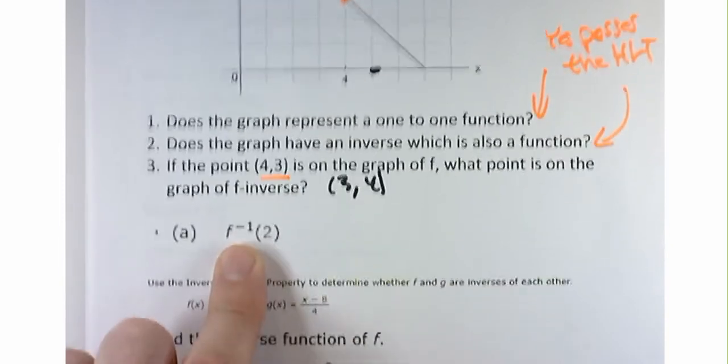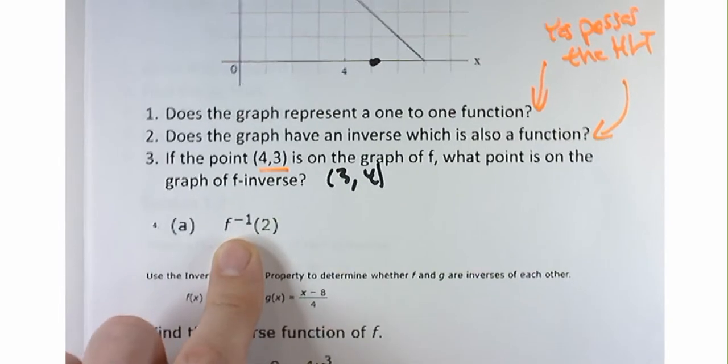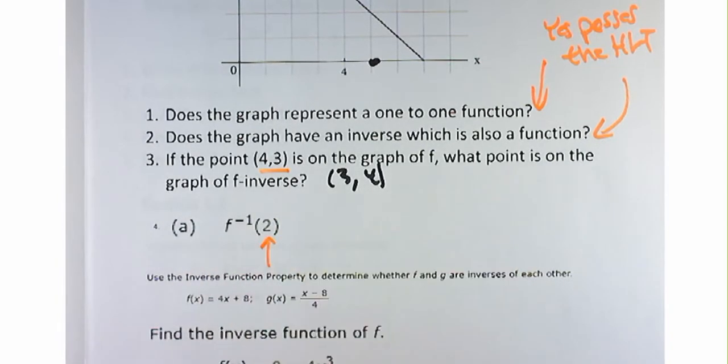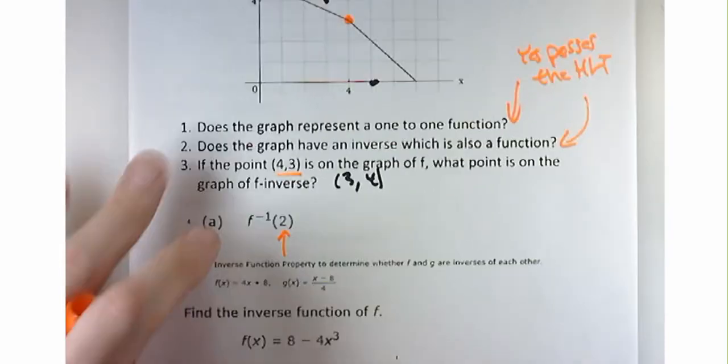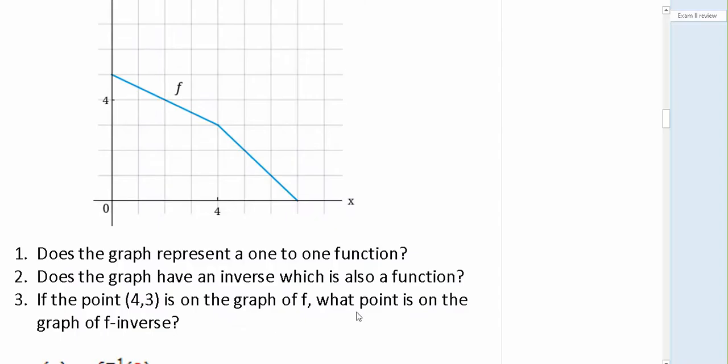Let's ask another inverse type question. F inverse of 2. Well, remember that 2 that you're using as an x value for the inverse came from the y value for the function. So the question is, what's the x value that has a y value of 2?